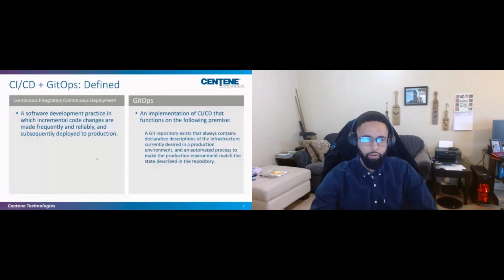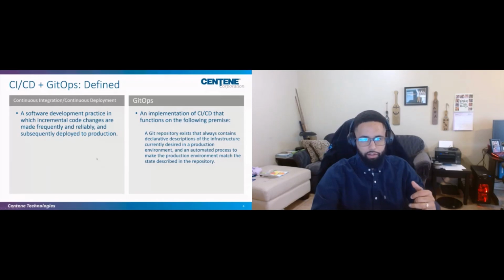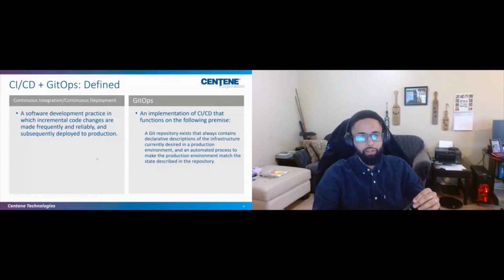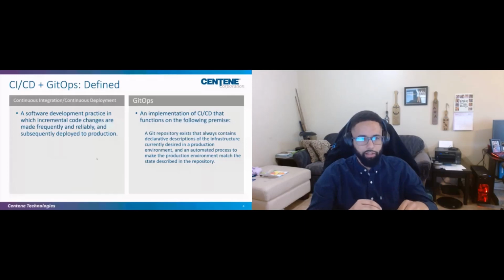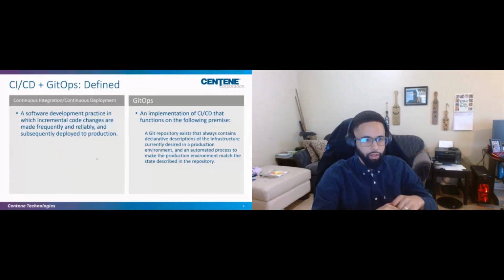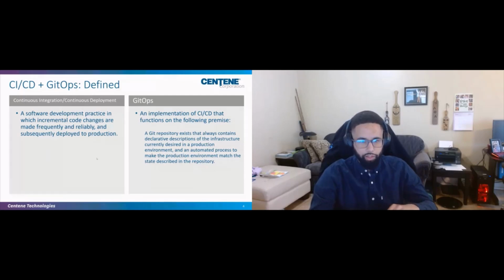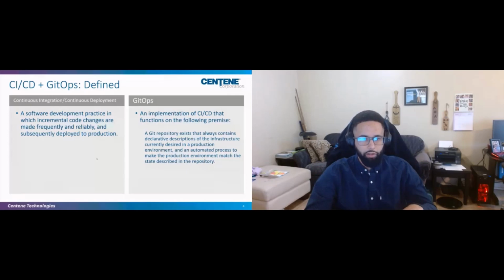All right. So first off, what is CICD? CICD stands for continuous integration and continuous deployment. It can also be continuous delivery depending on the context. We'll call it deployment for the purposes of this talk. So CICD is a software development practice in which incremental code changes are made frequently and reliably, and then they are subsequently deployed to production.